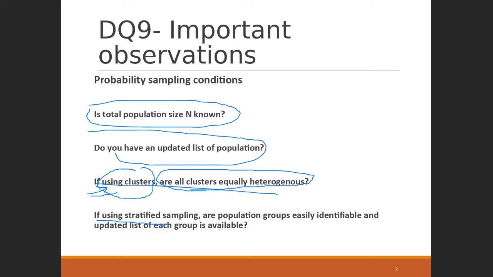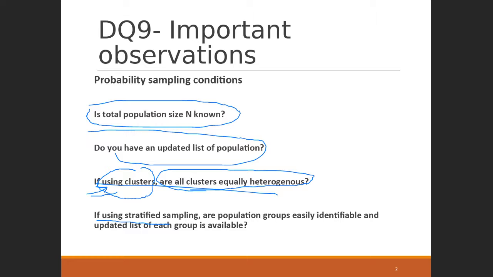If you don't have an updated population list and your population groups are easily identifiable, then go for quota sampling, because you want to ensure that your population groups are represented in your sample in the same proportion. Quota sampling allows you to represent each population group in your sample, but the sample is constituted on the basis of convenience instead of probability methods.